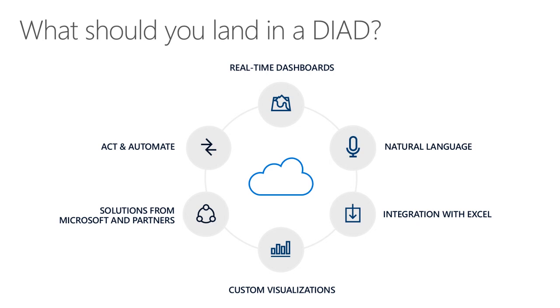And then the last thing is what we call act and automate. When you think about it, modern BI is more than just taking data to insight. Modern BI is taking data and transforming it into action. So from insight to action, having the ability to take that insight and quickly act on it is a true differentiator.